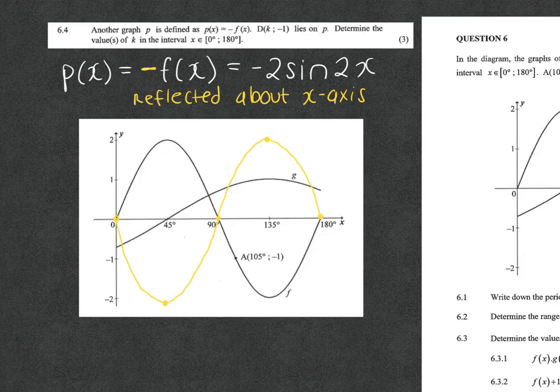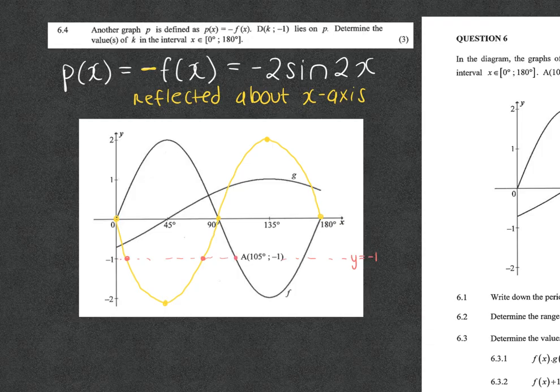And now we want to know which coordinates on this new reflected graph have y values of minus 1. So I'm going to put a dotted line like this. Now that has a y value of minus 1. So that's 2 points on the graph that have a y value of minus 1. We also know that A has a y value of minus 1.